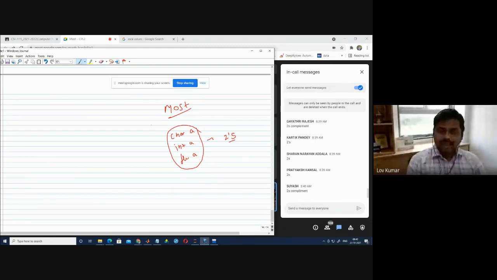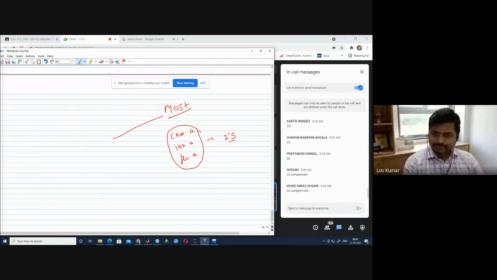Okay. Now the most important part: the character variable will take 1 byte of memory. If you are going to create any character variable, that will take 1 byte of memory. That is fixed.